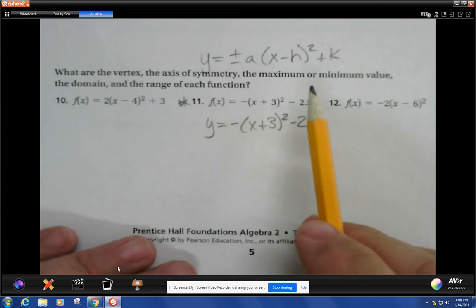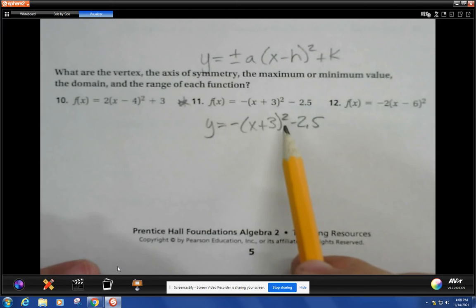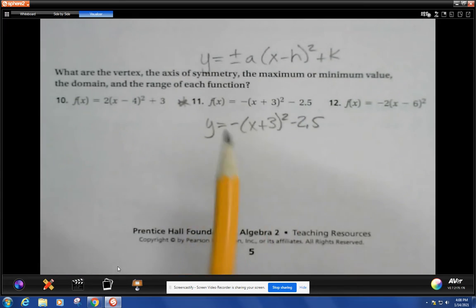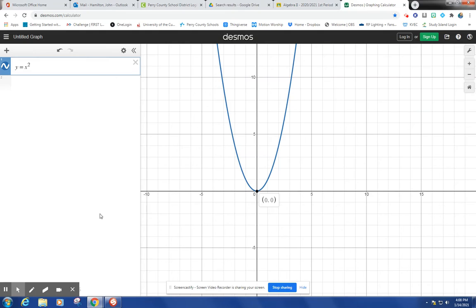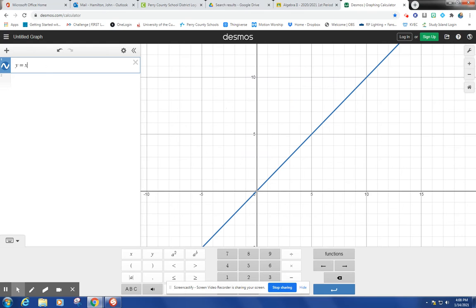So I'm going to go ahead and graph this so that you can see what this actually looks like. And we're going to identify all this stuff, and you'll start to really see what's happening here. So I'm going to skip over and put this on Desmos. And Desmos will definitely be one of your best friends when you get ready to do this task.